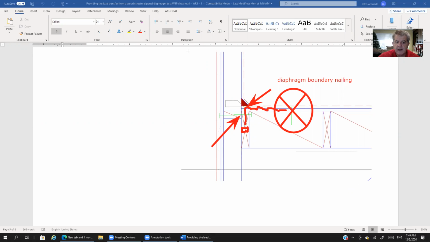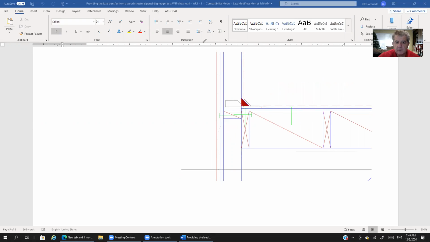So we'll add that nail. I'll draw over it. So that's a nail right here. And what that does then is transfer the load from this rafter into this element. All right, so keep that in mind because I'm going to clear the screen.